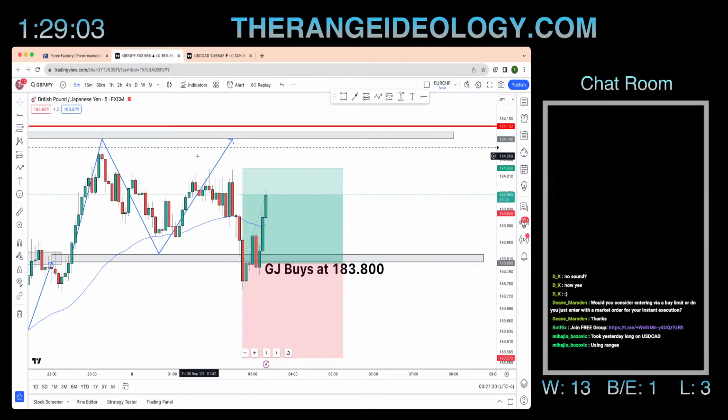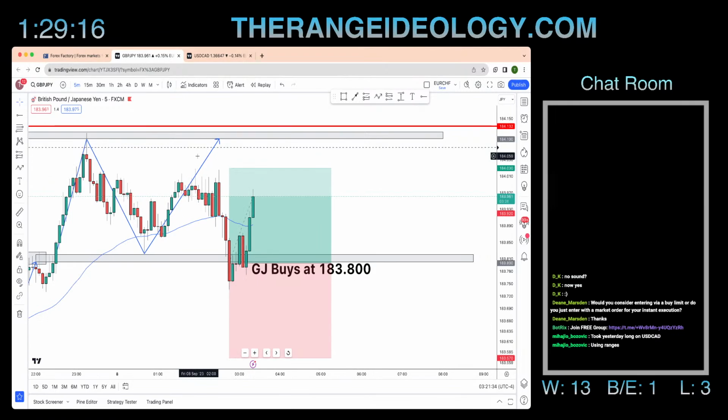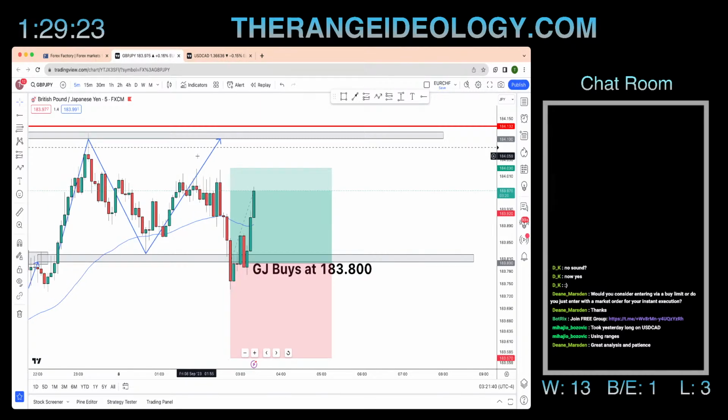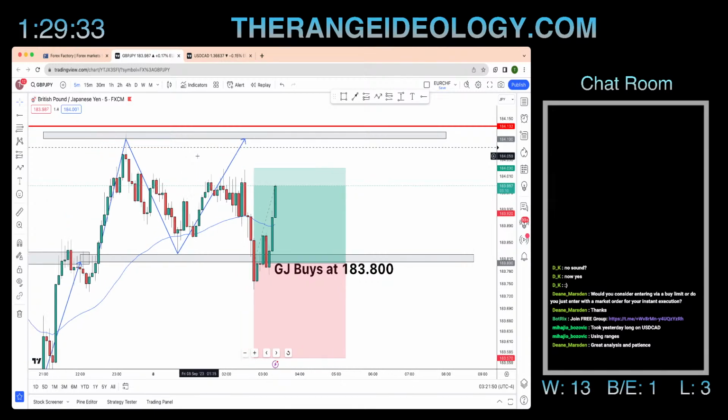All right, very nice. Someone had mentioned they took yesterday's longs on USD CAD using ranges. Perfect, right? So again, it will take some time to get used to ranges, right? Because we want to make sure we get the perfect ranges. But as you get more used to it and you better your risk, you will start getting it, right? And you will see that these setups happen over and over and over again. And it's going to give you enough chances, right?